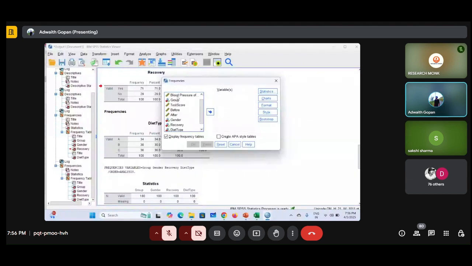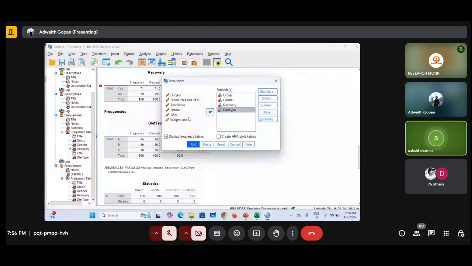The blood pressure, group, test scores, etc. You have to select only the nominal variables by clicking here, and if you click the arrow, or you can drag it like this. So for frequencies, we have to go for the nominal variables, the ones with the triangle icon.